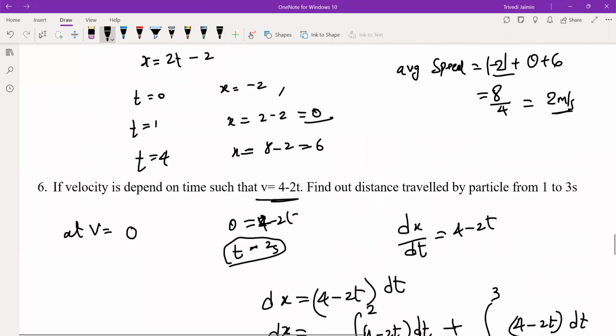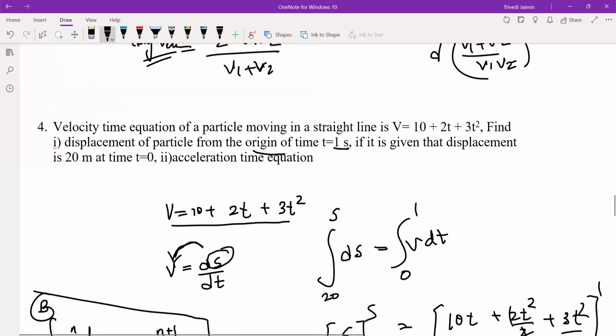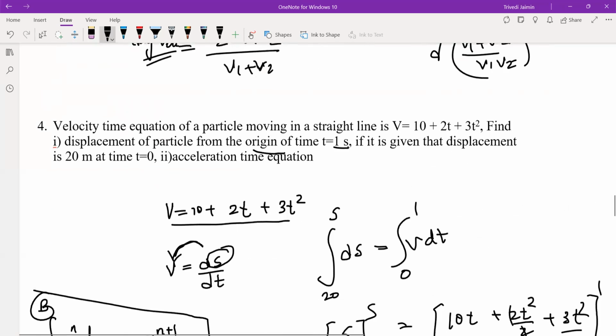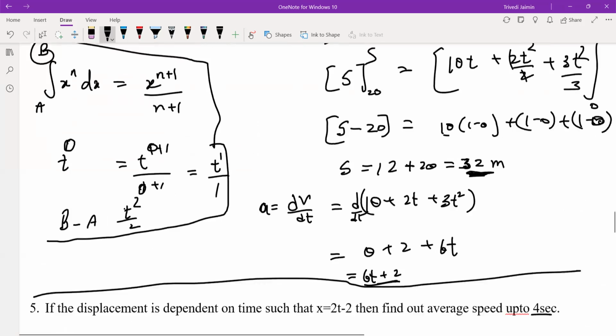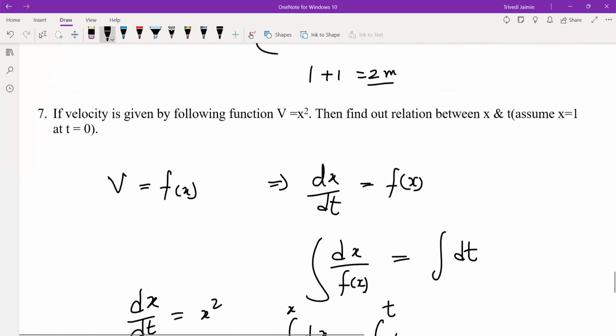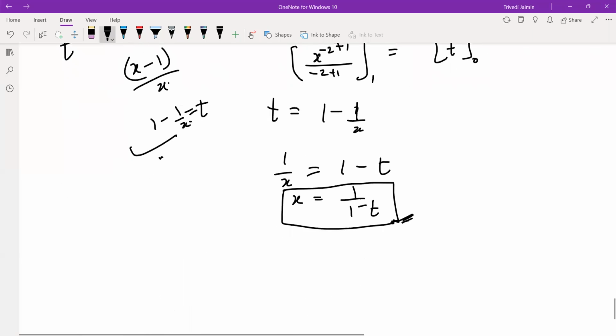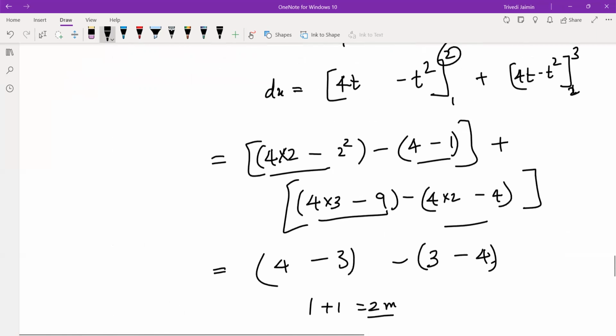So what did you learn today? How to use integration and differentiation in different ways. A normal function, but v as a function of x, then something different.